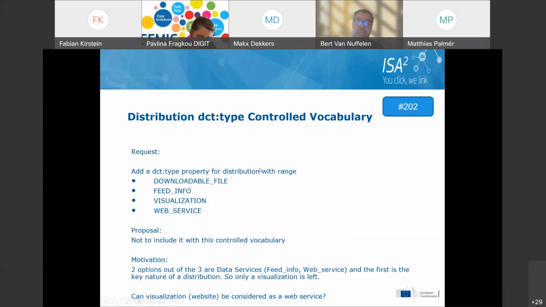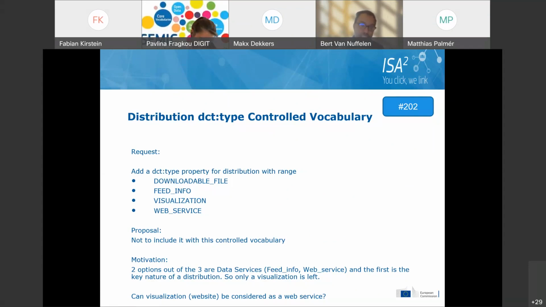Okay. There is in this list of associated topics as well GitHub issue 202, which asks to add a DCT type property for distribution with the proposed code list: downloadable file, feed info, visualization, and web service. Now, coming back to our discussion on what is primarily intended for distribution and what is primarily intended for services, the first value would clearly be a distribution.